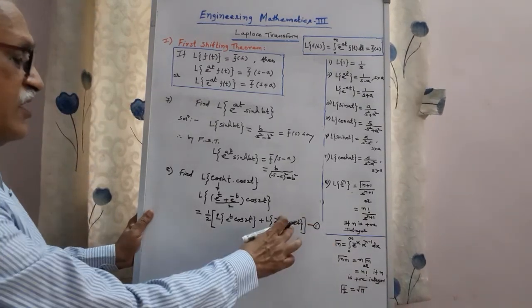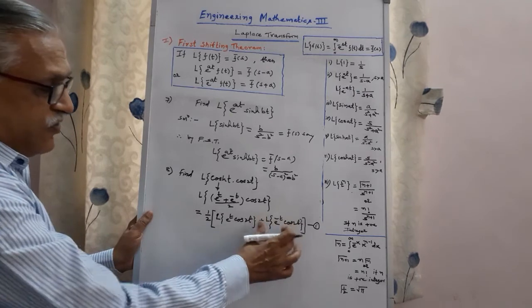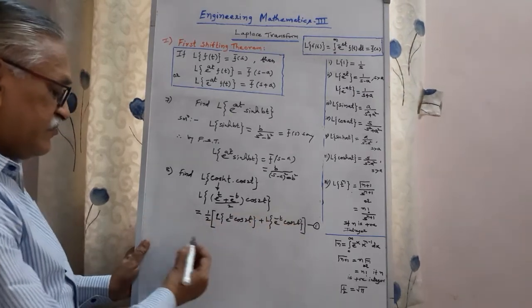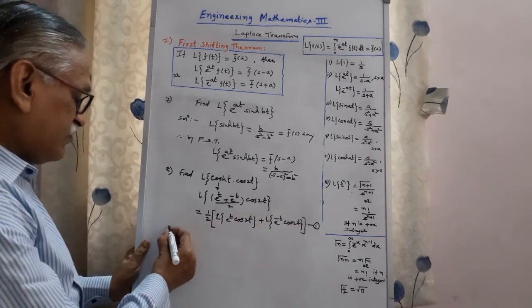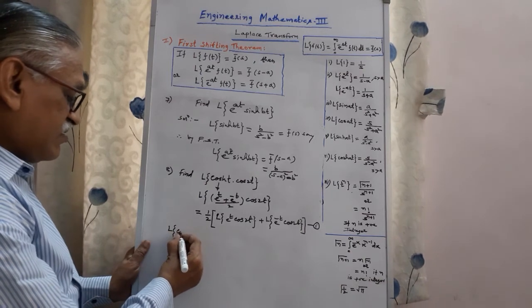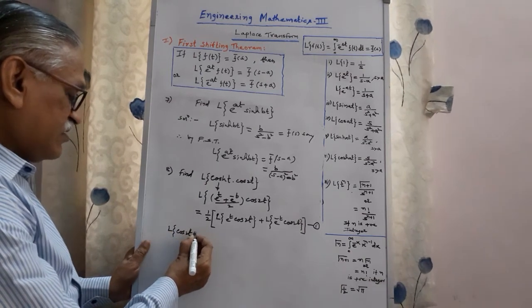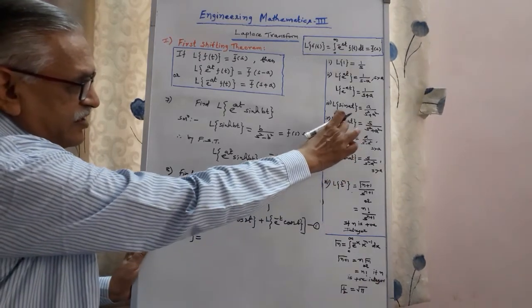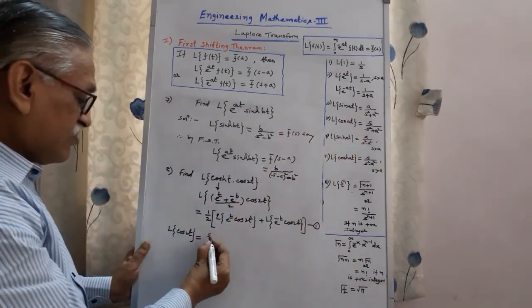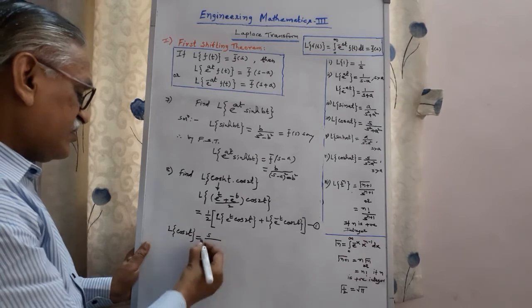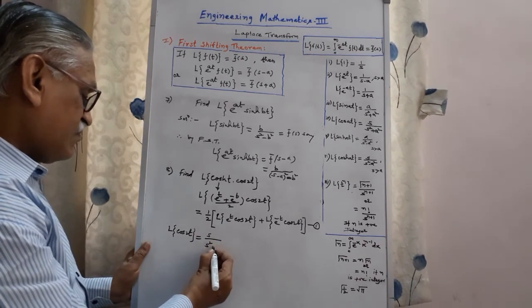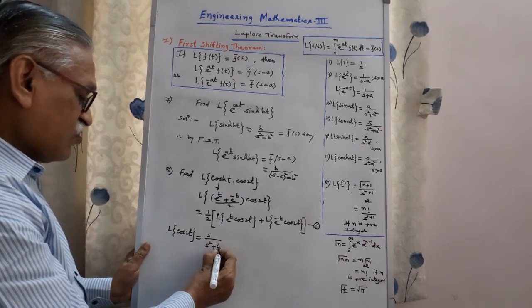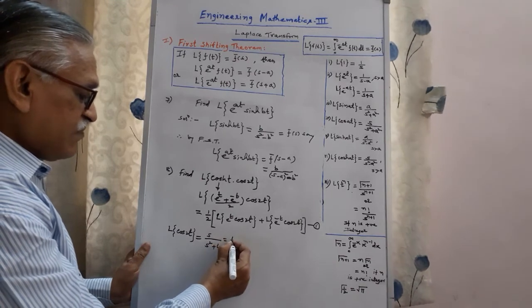This f of t is common in both, therefore we find the Laplace of that function. Laplace of cos of 2t, by applying the standard result, is s upon s square plus 2 square, that is 4, and we call this f bar of s, say.